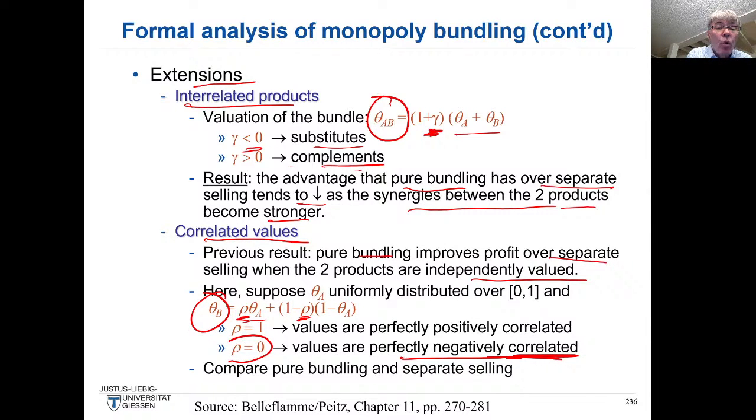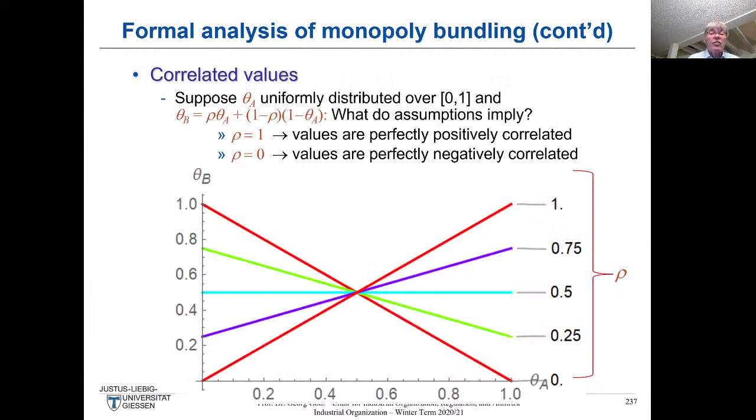If you have rho equal to 1, we would simply have that theta B is equal to theta A. That's what I draw here. Rho equal to 1 is just a 45-degree line. If you have a willingness to pay for product A of 0.2, you have a willingness to pay for product B also of 0.2. If you have rho equal to 0, that's this negative correlation.